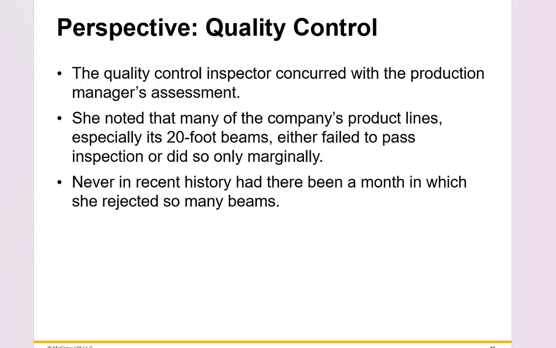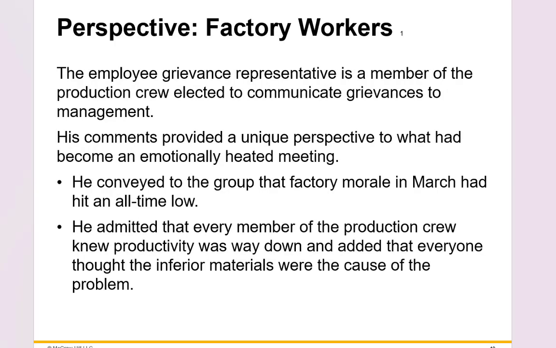The quality control inspector concurred with the production manager, saying these didn't pass inspection, or if they did so only marginally, that isn't good news either. That means it took more time. So then we go to the grievance representative representing the factory workers, saying, hey, low factory morale, productivity is way down, and one of the many reasons was inferior materials.